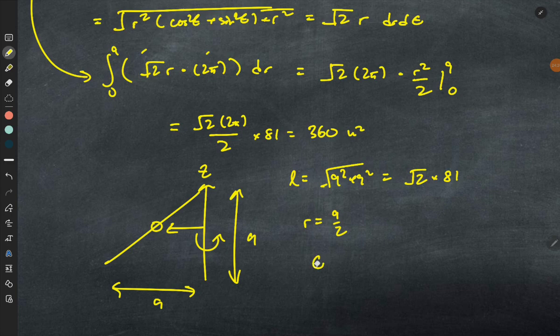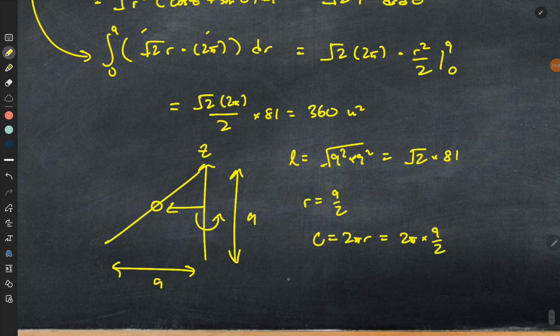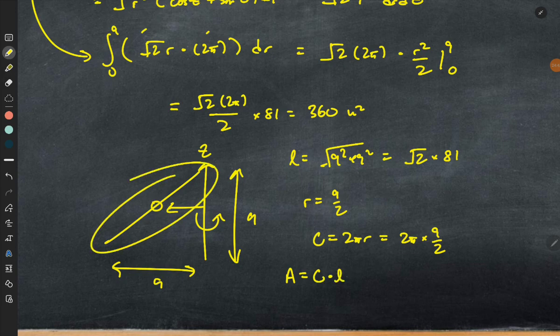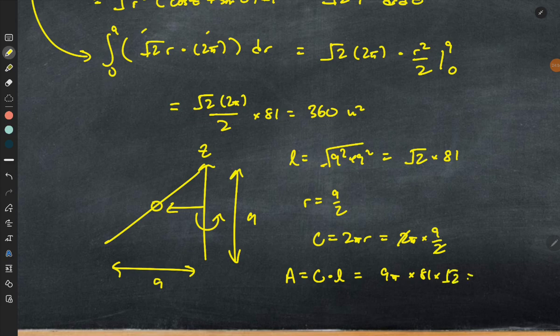We know the circumference is 2 pi r, so 2 pi times 9 over 2. Now we can work out the surface area. It's equal to this path multiplied by the length of this line. Multiplying the two, we get 9 pi times 81 times the square root of 2. It's not the same thing.